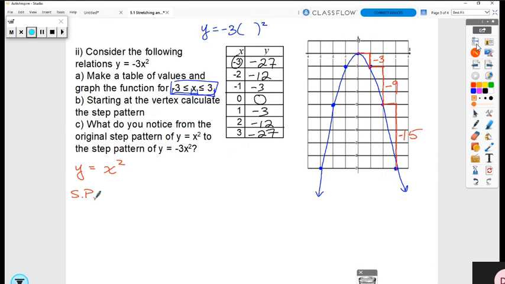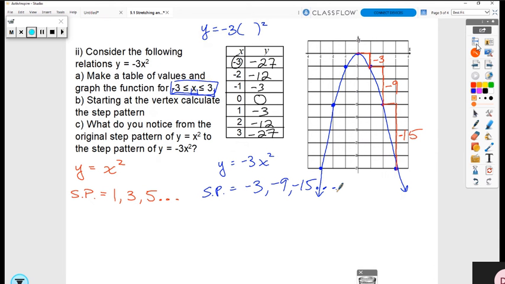We need to know the original step pattern, which is 1, 3, 5, and next would be 7, 9, and it continues. Our step pattern of y equals negative 3x squared is negative 3, negative 9, negative 15, and so on. It does go on.